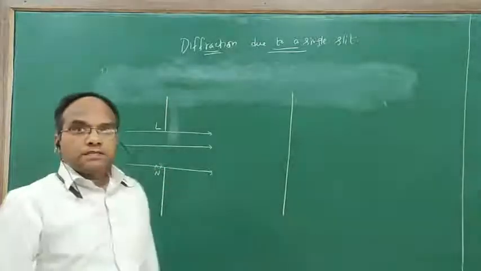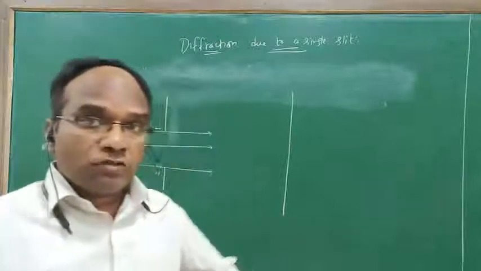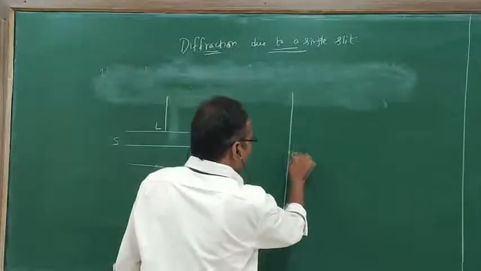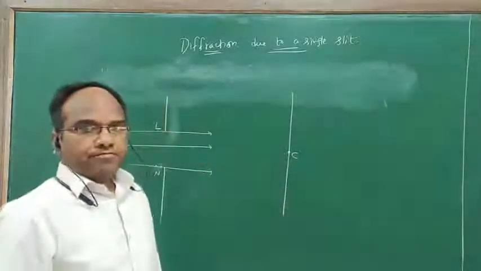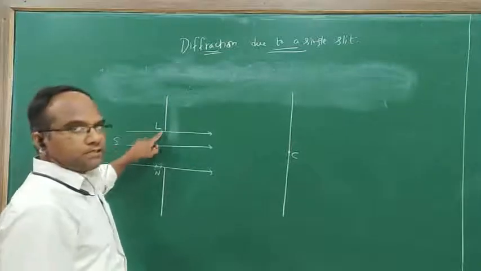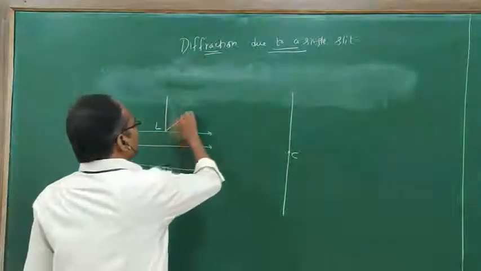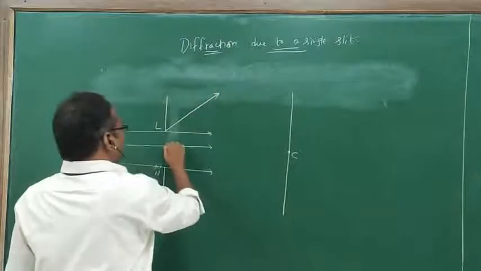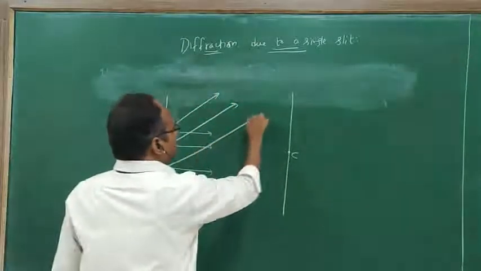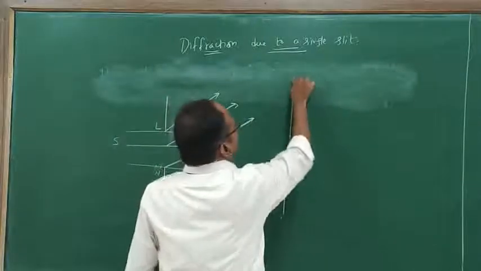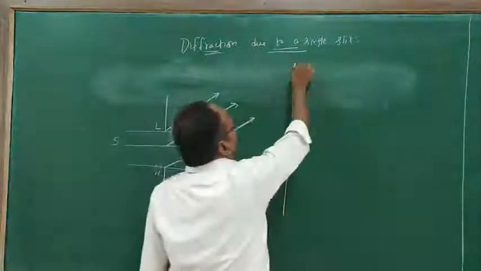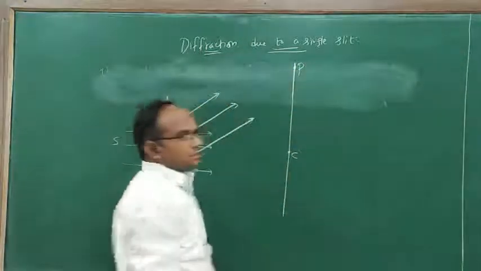Some rays are moving straight and touching the screen at points. Some rays are touching the obstacle at the edge like this, and here also it is touching the obstacle. When it touches the obstacle, these rays are forming on the screen.